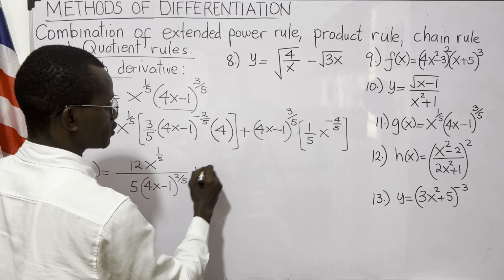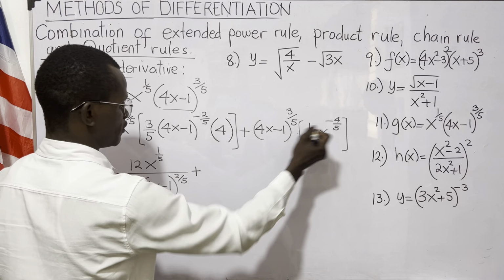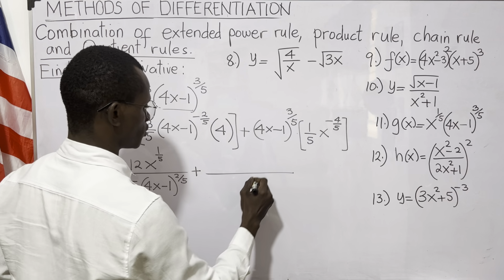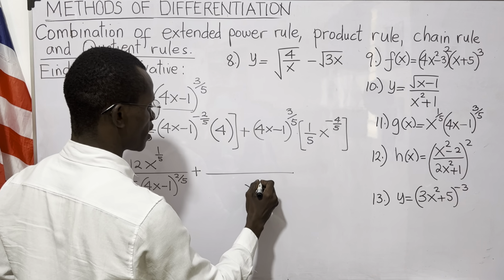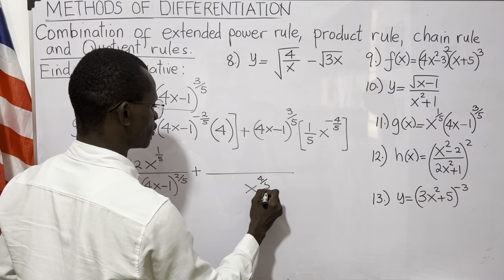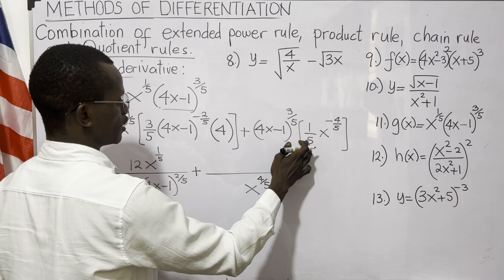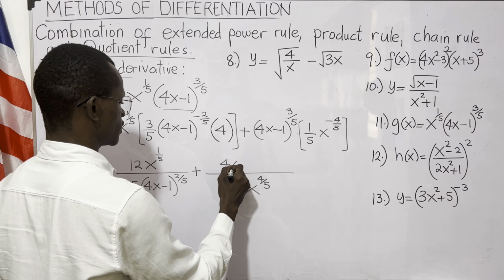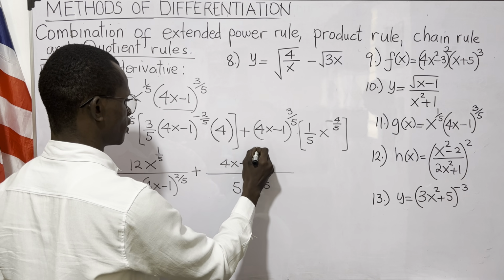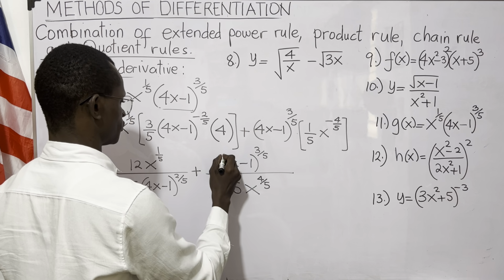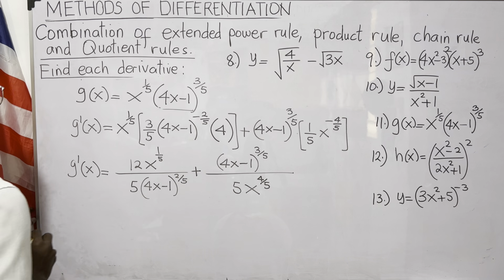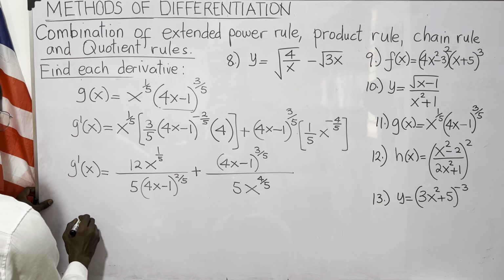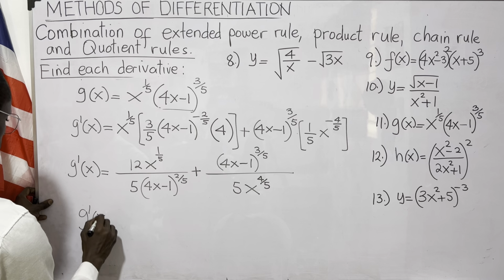And what is left on this side, you have this to be a negative power. So it goes down in the denominator, x to the power positive 4 over 5. And then you also have 5 down here. So this is 4x minus 1 raised to the power 3 over 5. So the LCD, we find the LCD for the two expressions.